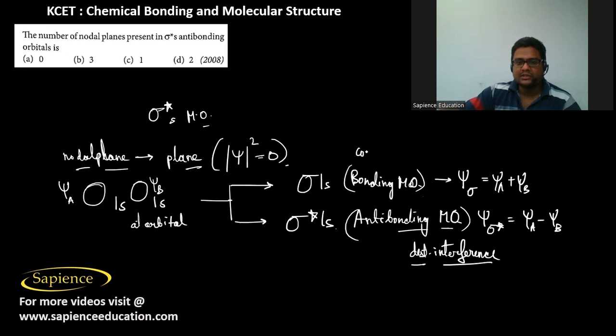And when there is constructive interference of the two atomic orbitals, then a bonding molecular orbital will be formed. So the wave function of the sigma bonding molecular orbital is formed when we add the two wave functions of the pure atomic orbitals, and the wave function of sigma star is formed when we subtract the two wave functions.